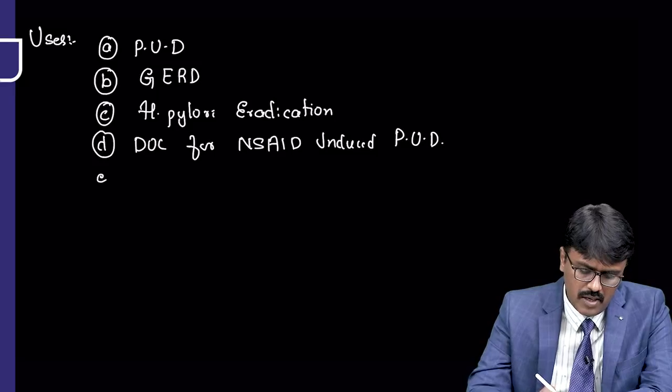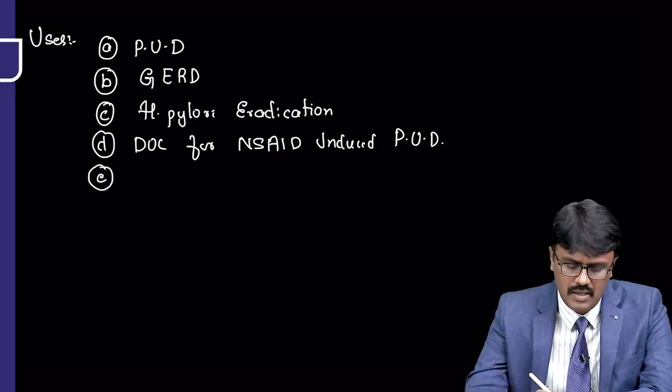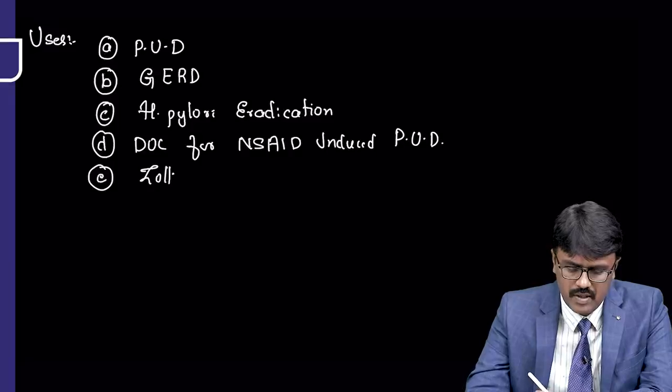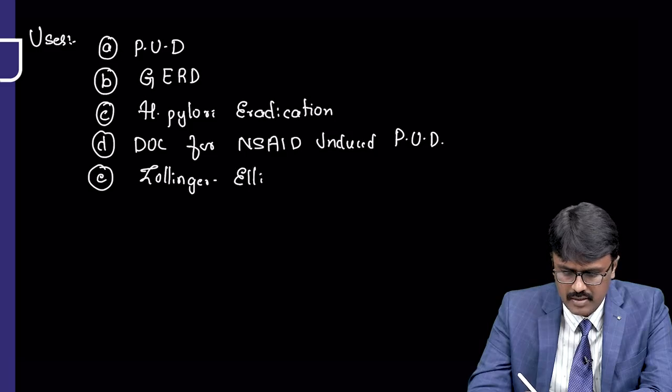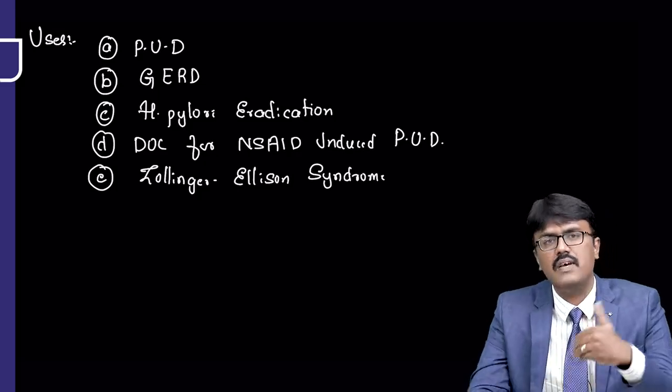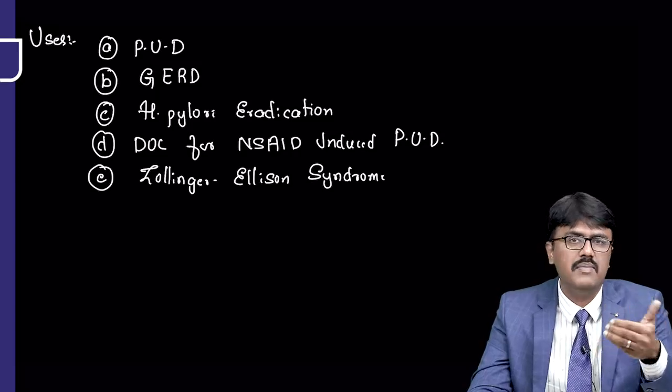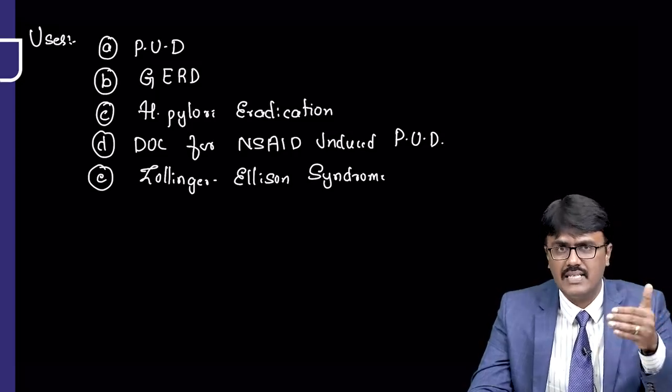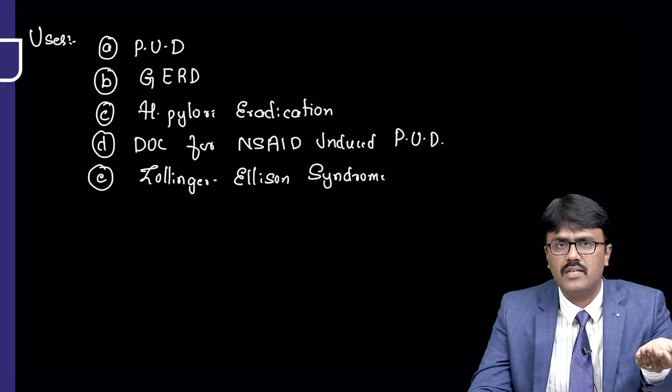Another important condition where we use them is Zollinger-Ellison syndrome. Zollinger-Ellison syndrome is a condition where the gastrin is very high. It's a hypergastrinemia condition. You know that gastrin itself can increase the production of HCl.